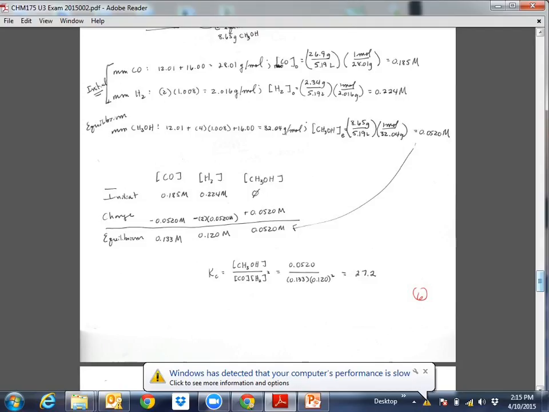The change for the CO is just minus 0.0520 molar. So these three are equilibrium concentrations, and we can plug those back into the equilibrium constant expression and knock out a value for Kc.